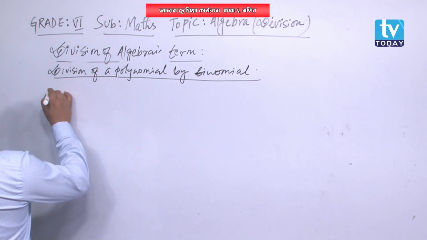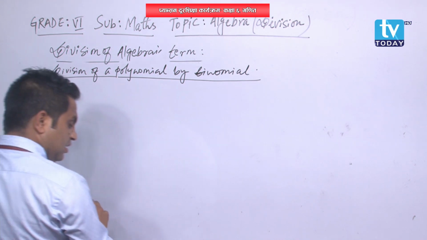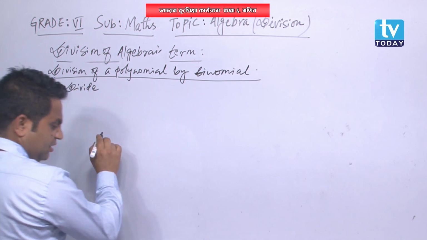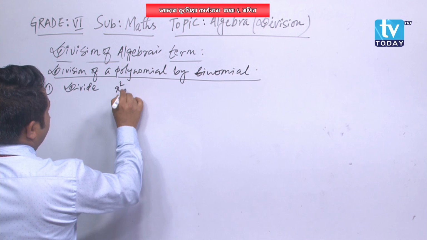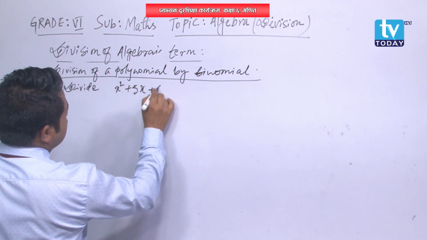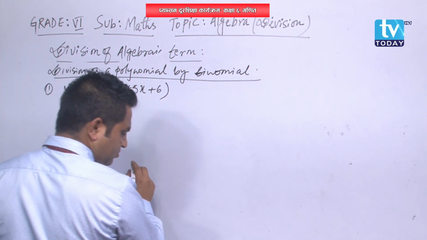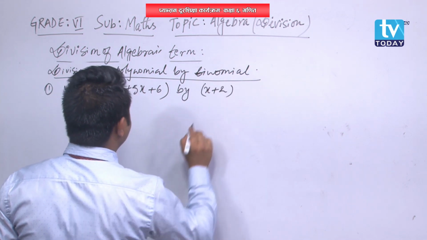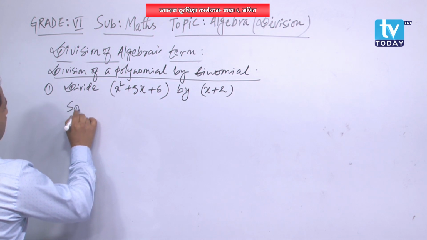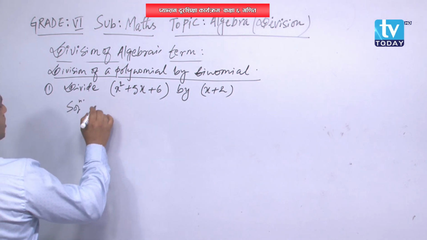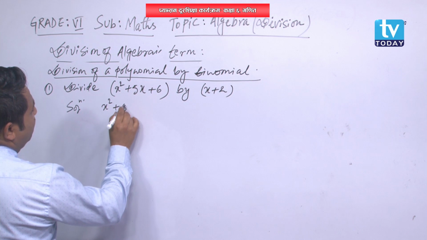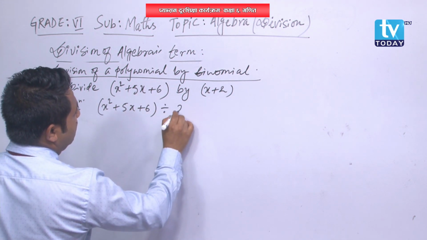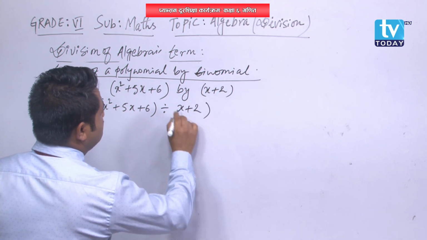Question number 1. Let's check here. Divide x square plus 5x plus 6 by x plus 2. Solution, please check here. x square plus 5x plus 6 divided by x plus 2.